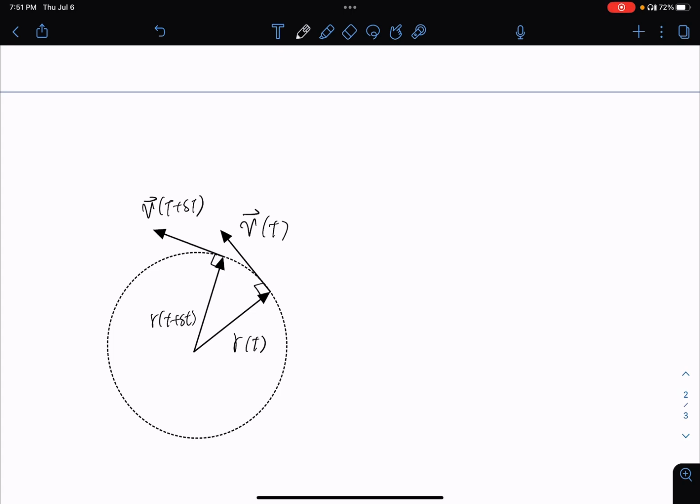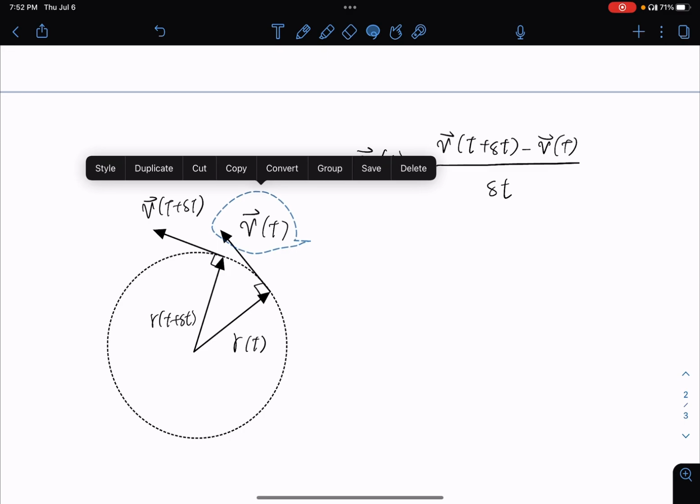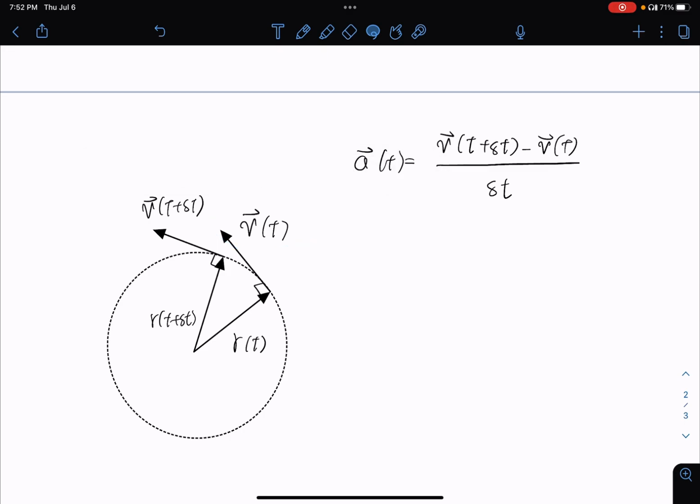Now, what we want to do for acceleration is to subtract these two velocity vectors, one at a later time and one at an earlier time. So to do the subtraction between these two vectors, we move them together.